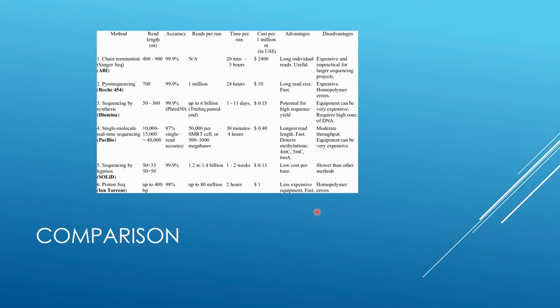And also Illumina sequencing providing short reads but really high data volume at a really low price. Sanger sequencing has really high accuracy but is not used a lot due to its high price compared to other modern sequencing methods. So this was just a brief overview on several DNA sequencing methods, and I hope you found it helpful.